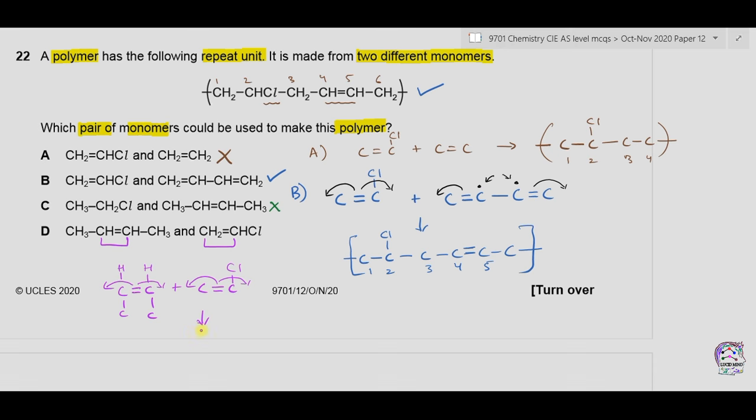Pi bond is converted into sigma bond. The product will be like this. We have carbon-carbon single bond and 2 methyl groups are attached separately. Similarly, for these 2 carbons we again have single bond and chlorine is also present. Now this structure is totally different from the one given in the question, so therefore D is also incorrect. The correct option is therefore B.